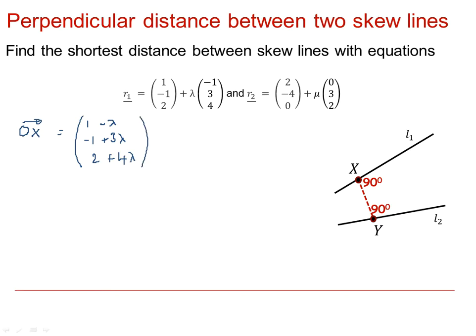In the second one we can get an expression for OY, and that's equal to (2, minus 4 plus 3 mu, and then 2 mu).